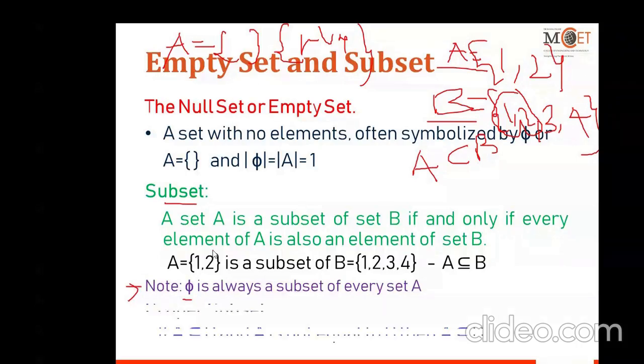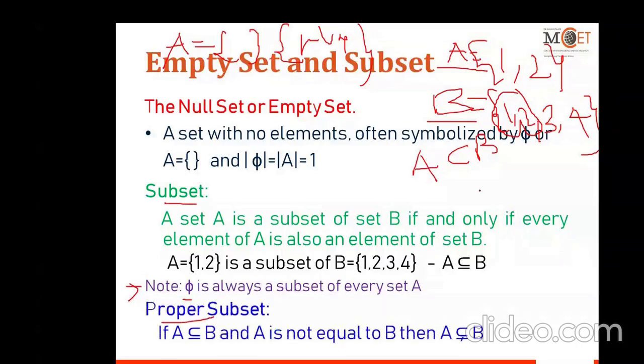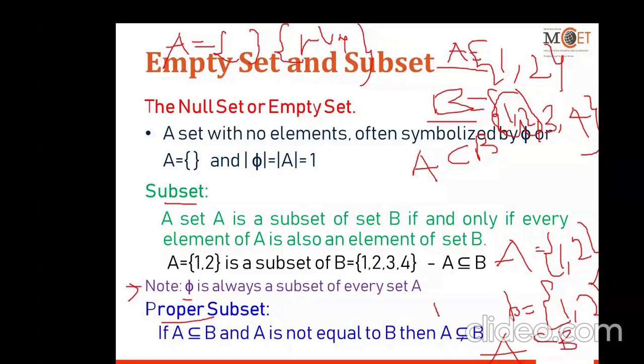After that, what is a proper subset? Now consider the second case, that is A equal to 1 and 2, and B has the same two values 1 and 2, right? Now if we consider subset, 1 and 2 are there in both A and B. Therefore, we can finalize A is a subset of B and B is a subset of A. Now, while considering proper subset, consider this example.